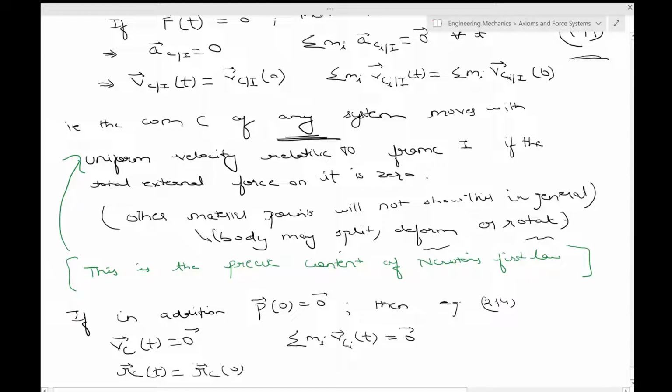Since the velocity is 0, the position vector of the center of mass is not changing with time, and the same can be applied over here: summation of mi Rci of t is equal to summation of mi Rci of 0.